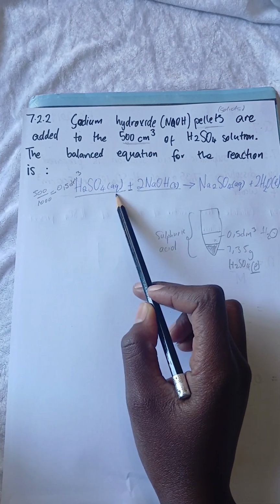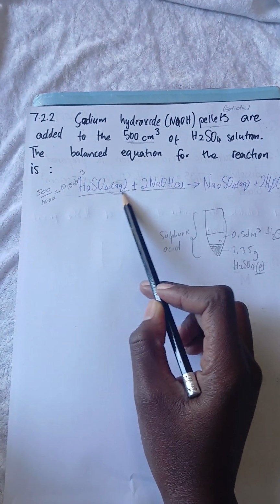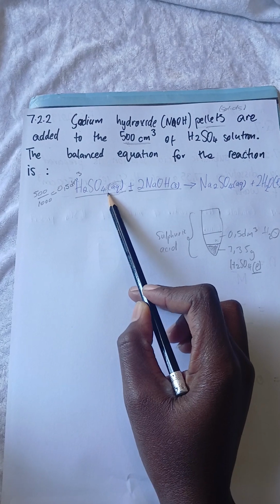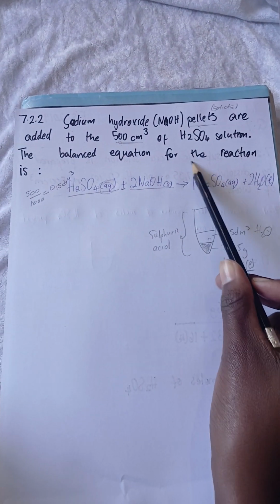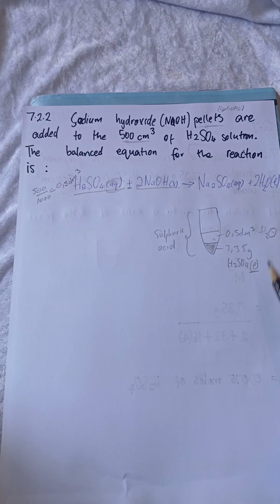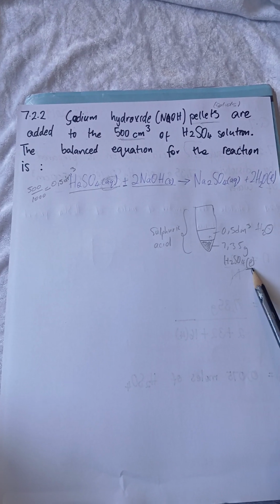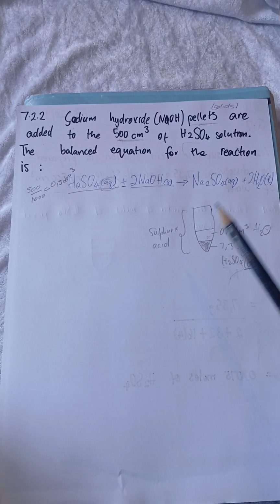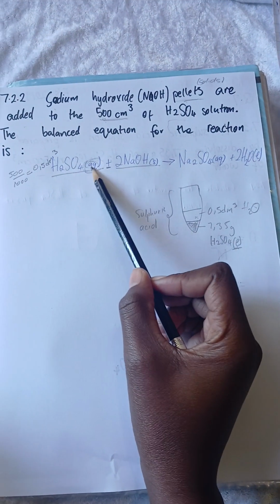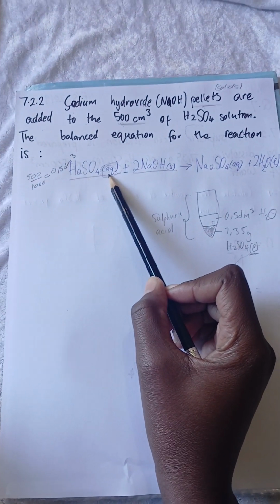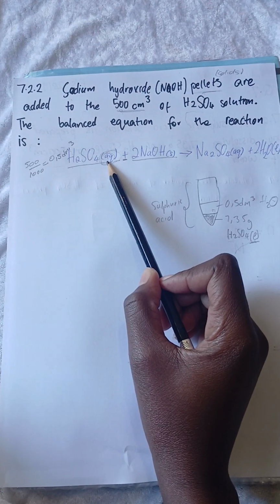We had H2SO4. We got it as a liquid, and now when it has mixed with water, it becomes an aqueous solution. An aqueous solution is one that is mixed with water.